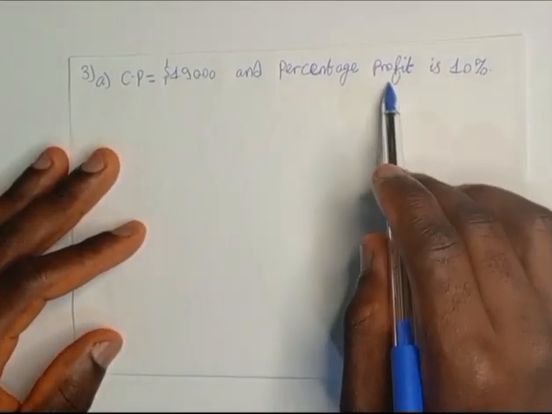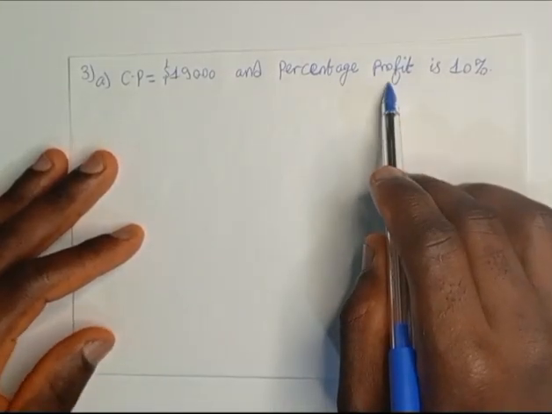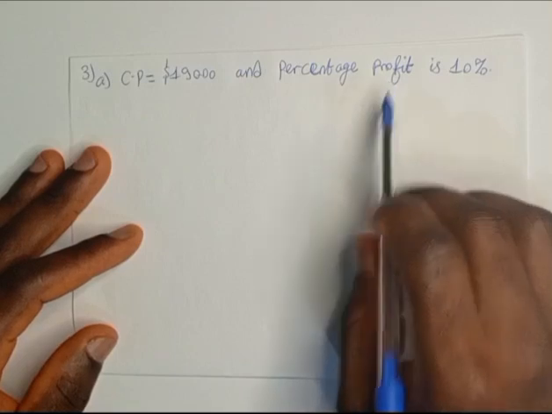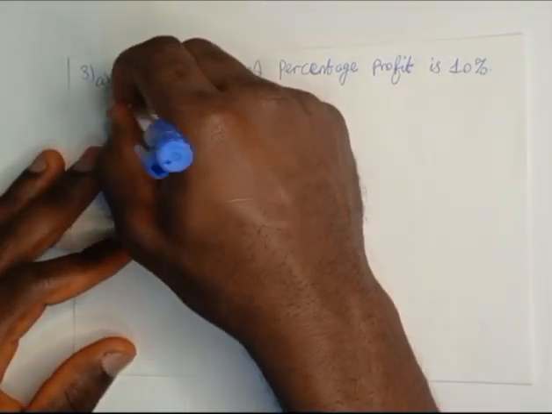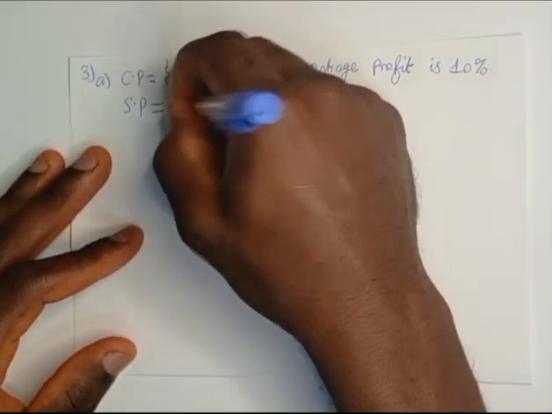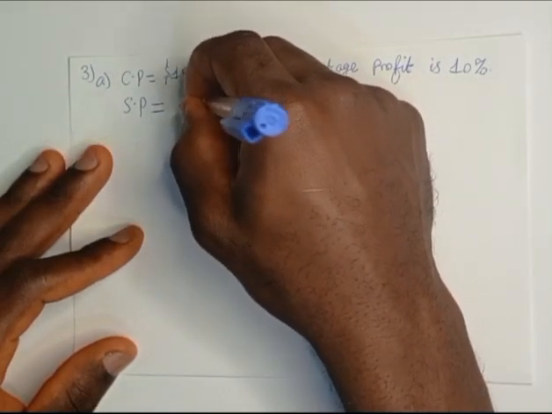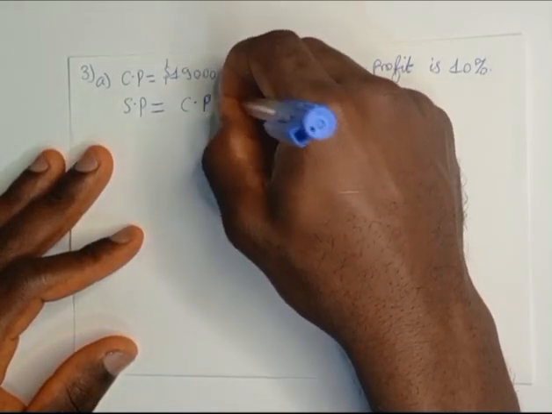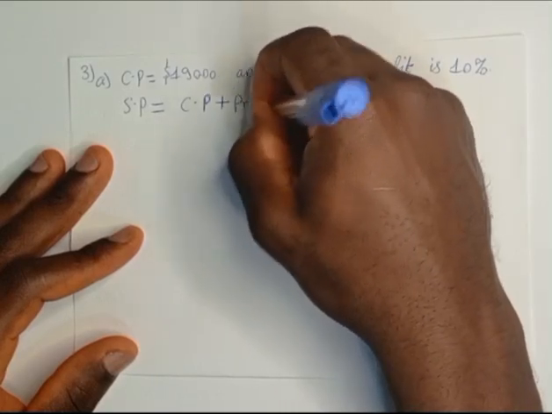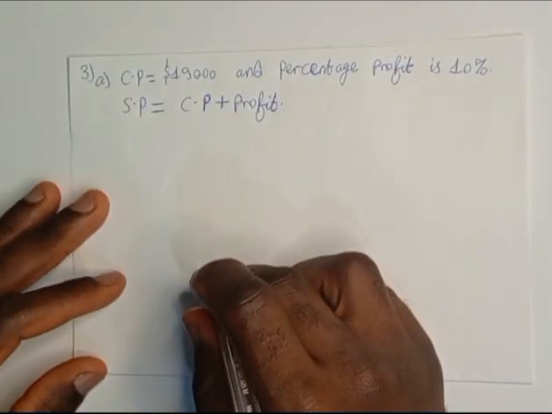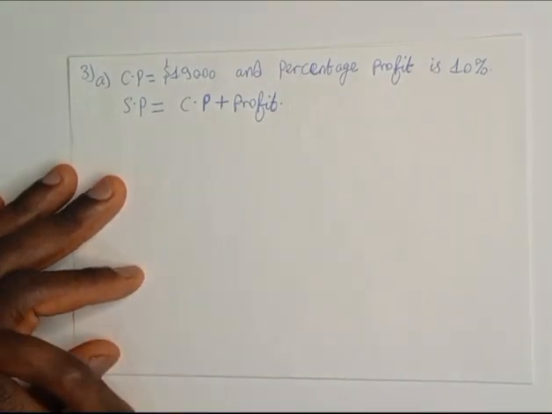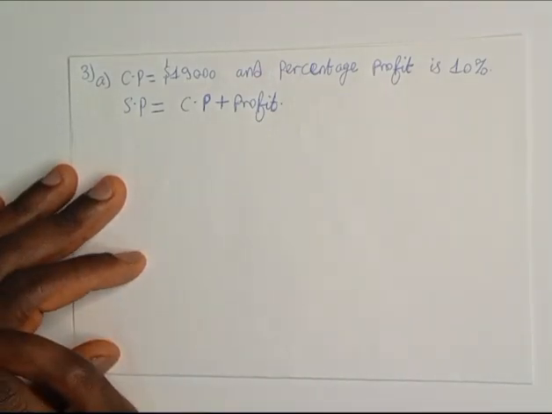Knowing the percentage profit simply means a profit was made. For us to get the selling price would simply be equal to the cost price of the item plus the profit. Next, we have to find the profit made from the item.